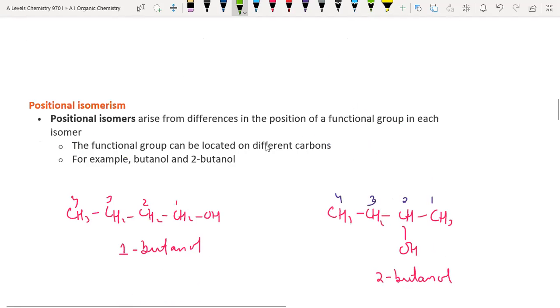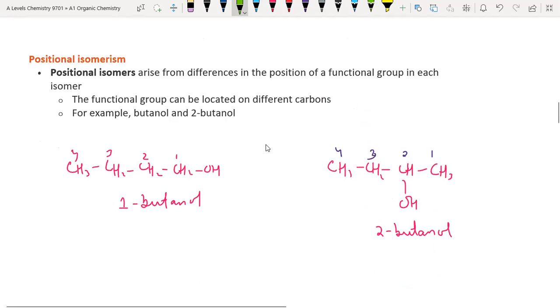Next is positional isomerism. This isomerism arises due to the position of the functional group at a different carbon in each isomer. Let us see, we are given an example of butanol. In this structure, the functional group OH is present at carbon 1.